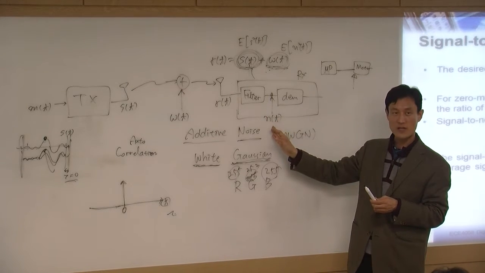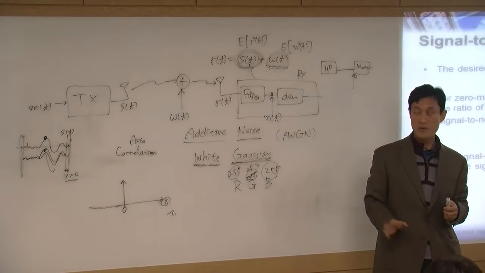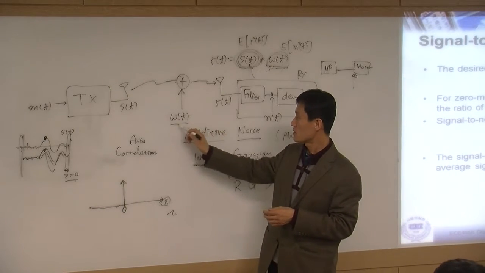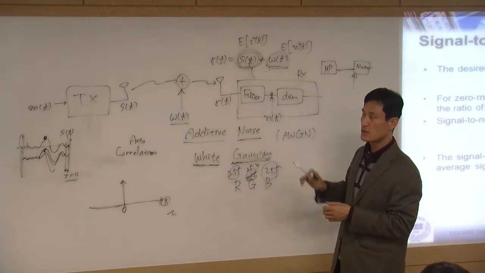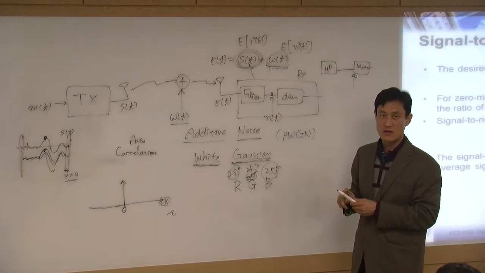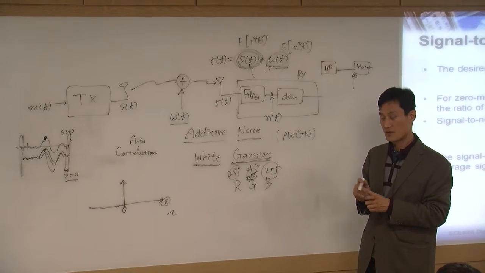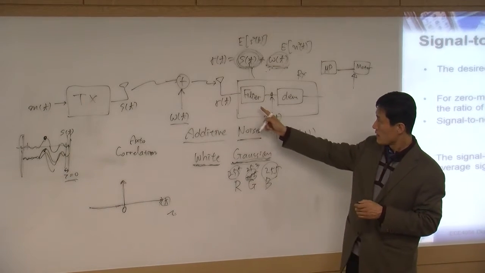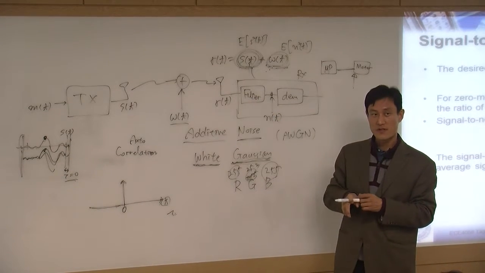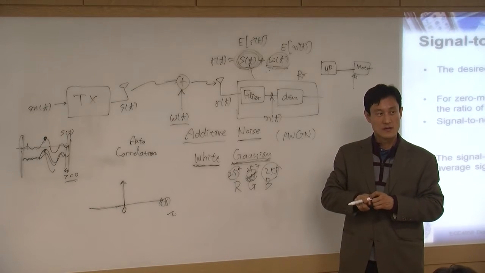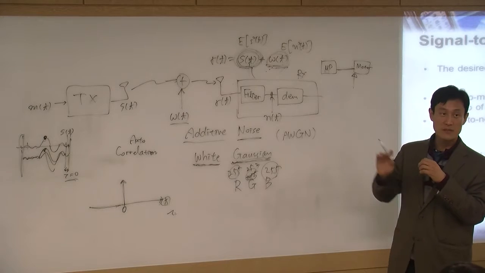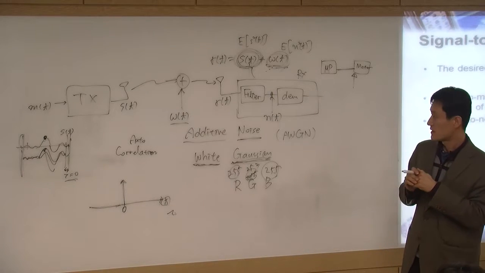Why do we care about NT and WT? Why do we differentiate? Because WT is the noise at the channel, NT is the noise in the receiver. That is different, because of the filter. What is this filter? It's not a low pass filter. It is a band pass filter.